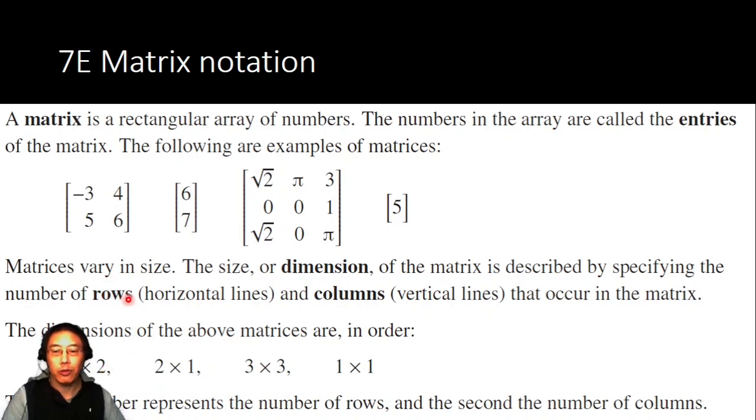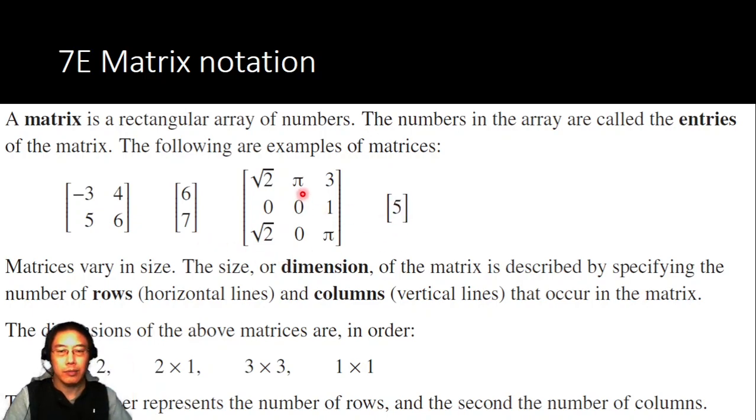The first number has to be the number of rows, and the second is the number of columns. So the order matters, especially for this. Let's say this one has 2 rows, 1 column. It's a 2 by 1. If you swap the order, it's the other way around. It will be 1 row, 2 columns.